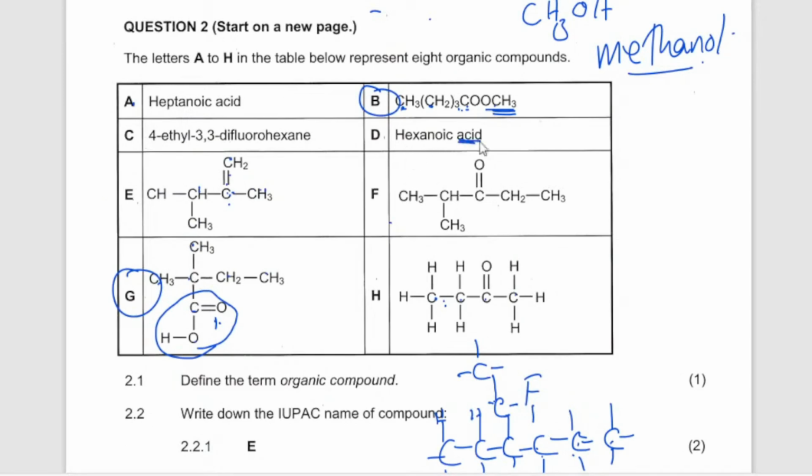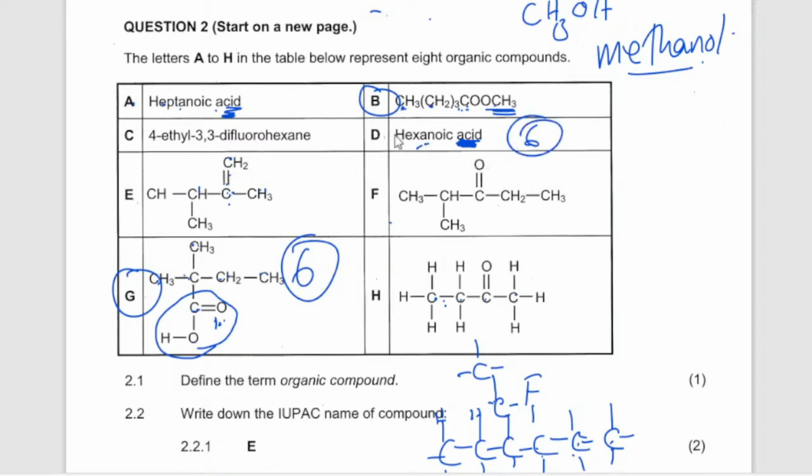This is a carboxylic acid. Do you have any other carboxylic acid? This is another carboxylic acid, but this is heptanoic acid. This is hexanoic acid, so it can't work. This one is a carboxylic acid. Let's look: 1, 2, 3, 4, 5, 6. So it has 6 carbons, and hexanoic acid also has 6 carbons.